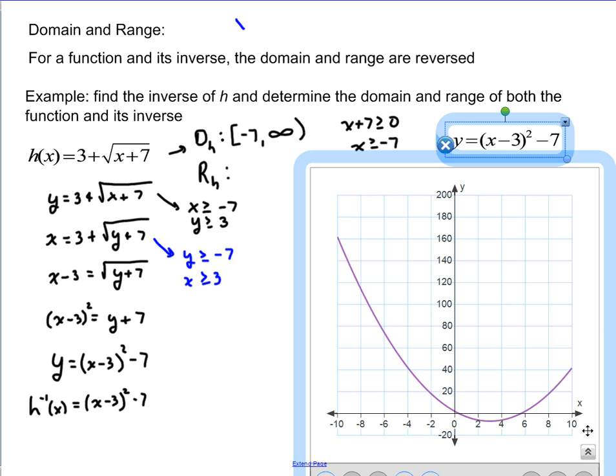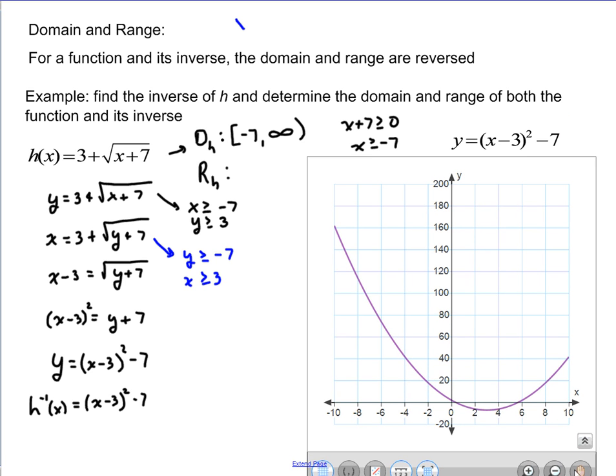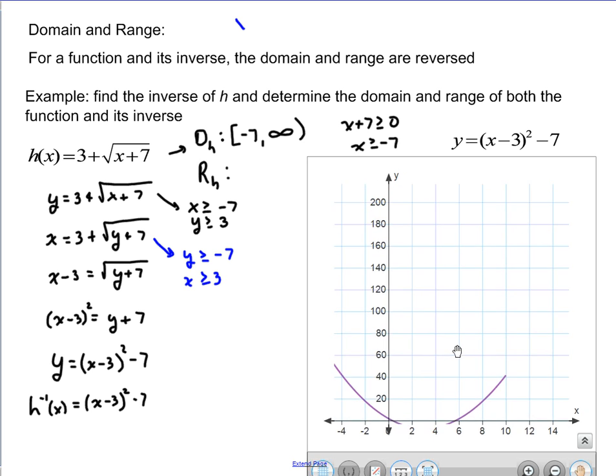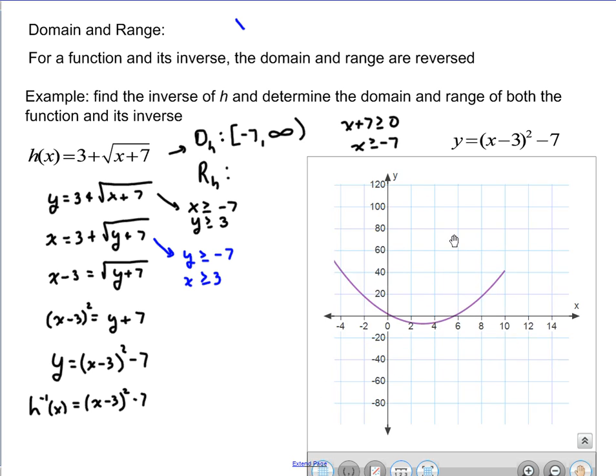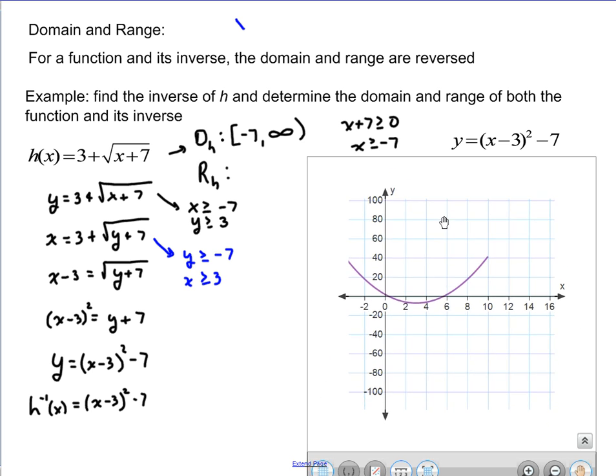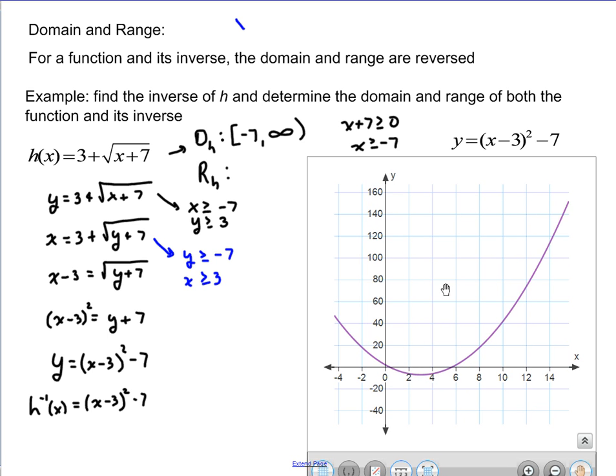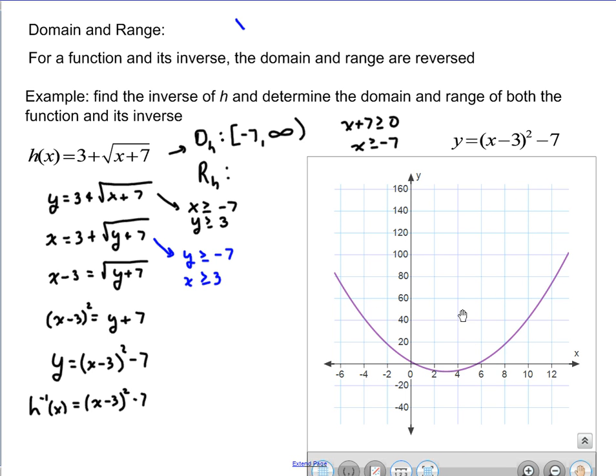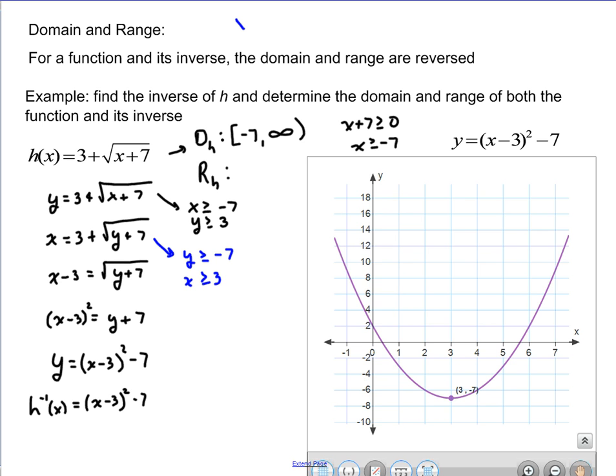Let me get a handle on this one so we can see this graph shifted properly. What could we say about it? Well, if we look at this graph right here, look at what happens at x equals 3. Let me zoom in on this graph so I can get a better picture of what's going on for you.